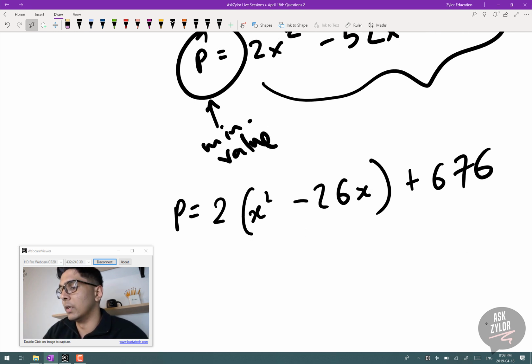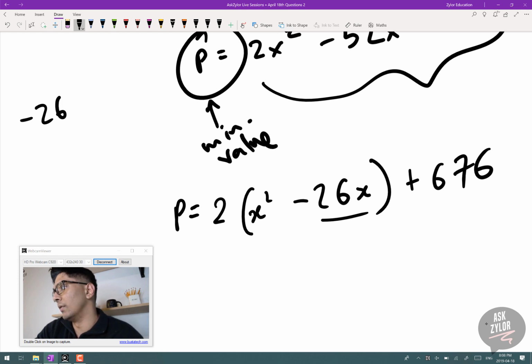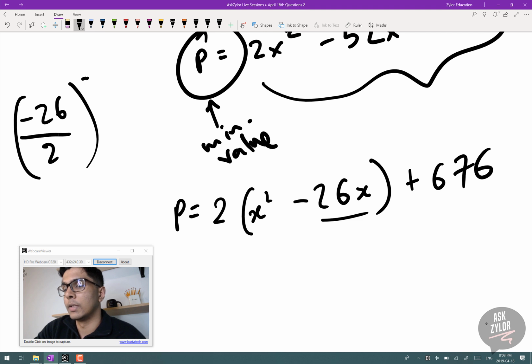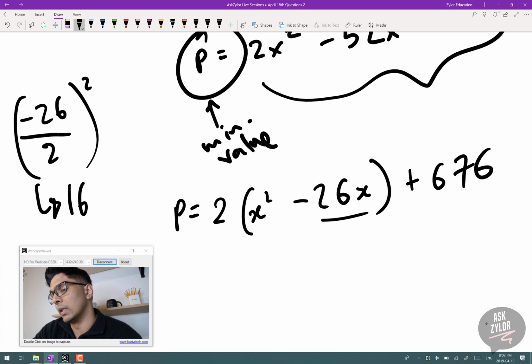Then I take the negative 26, divide it by 2, and square that to give me what I need to complete the square. So this is going to equal 169.